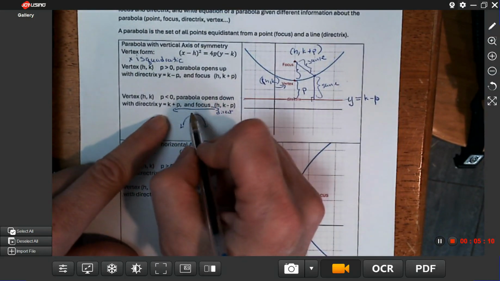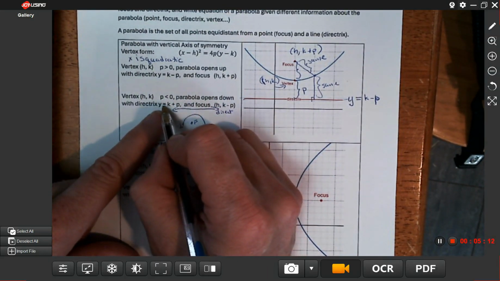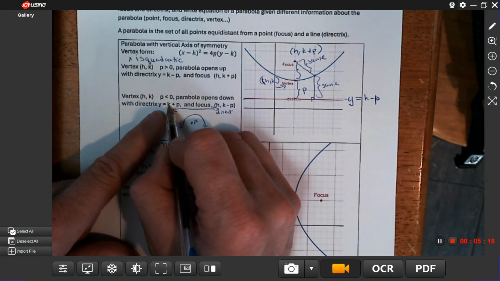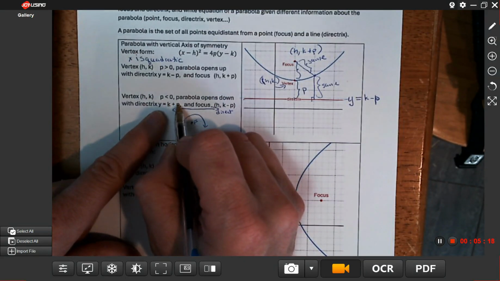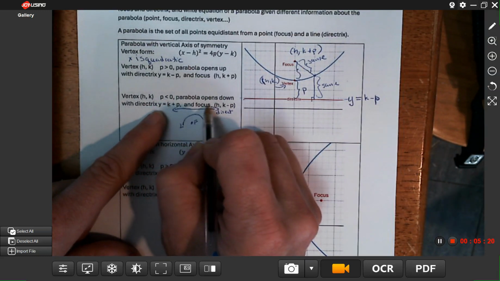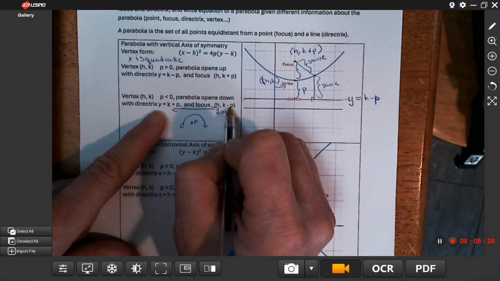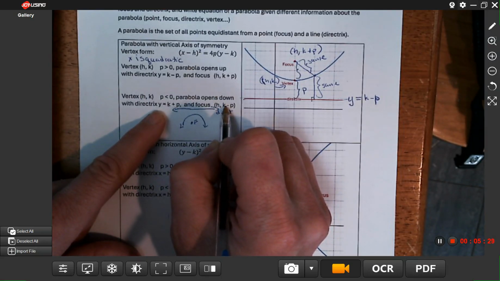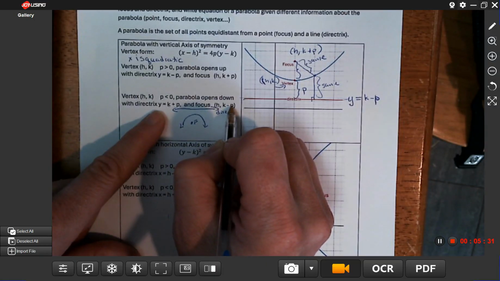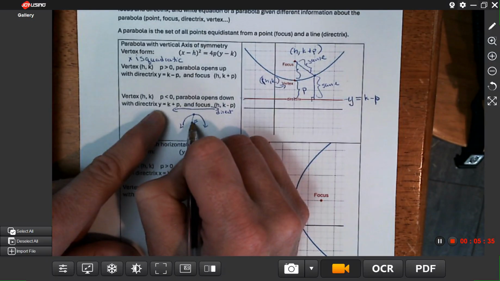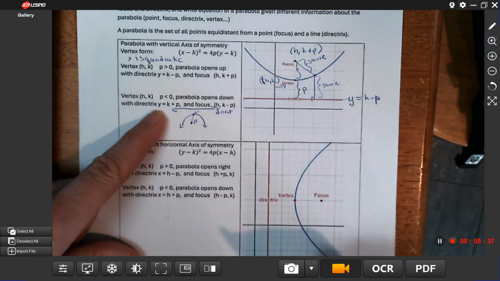So the things that are different are that the directrix is the k coordinate of the vertex plus p because it goes up instead of down, and the focus is going to have the same h coordinate, and then the y coordinate of the focus is going to be k minus p because it's going to move down from the vertex.